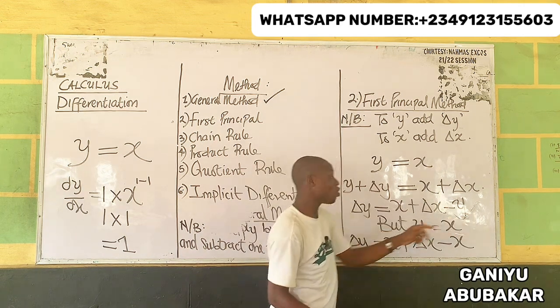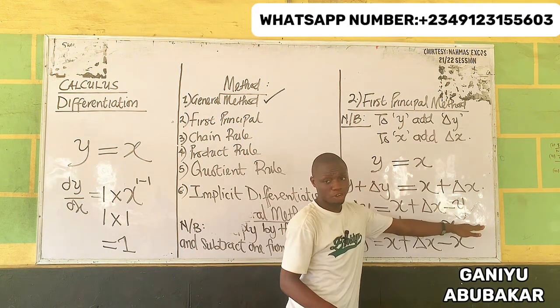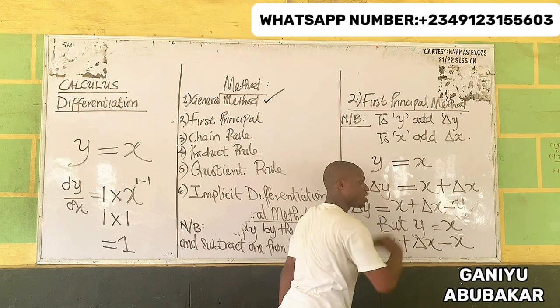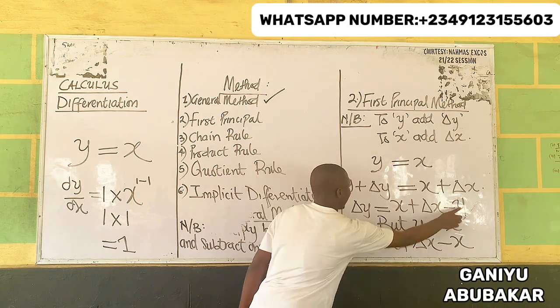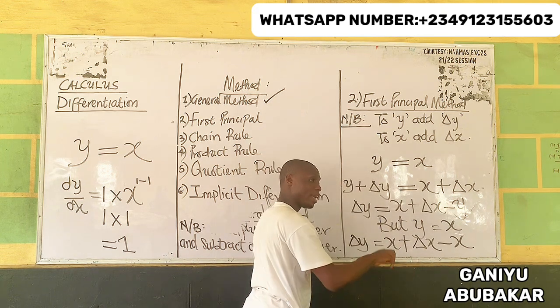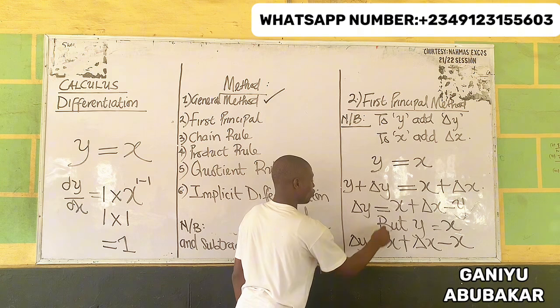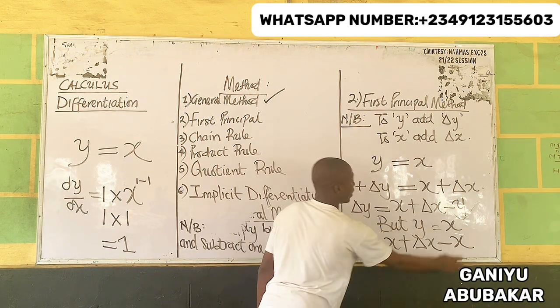Why minus y? Because there's a plus y here already. If a plus y crosses over, it becomes a minus y. This y initially from the question is x. Anywhere I see y, I put x. So I have change in y equal to x plus change in x minus x.